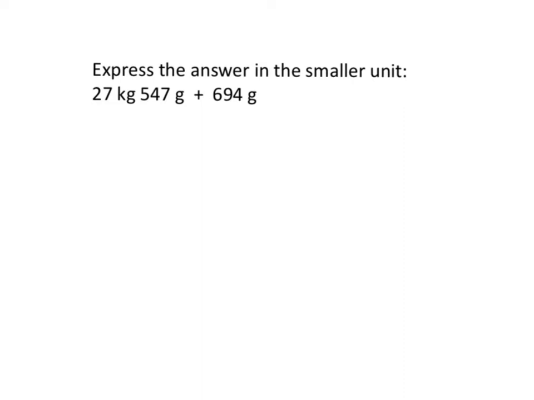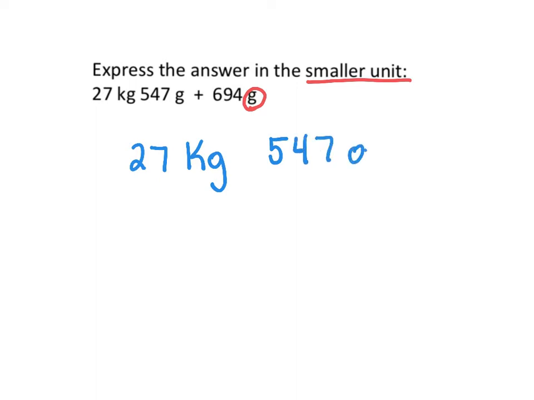Express the answer in the smaller unit. So remember, in this, the smaller unit is going to be grams. This is the smaller unit compared to kilograms. So now what we have to do is add up our kilograms and our grams together. So let's take 27 kilograms, 547 grams.